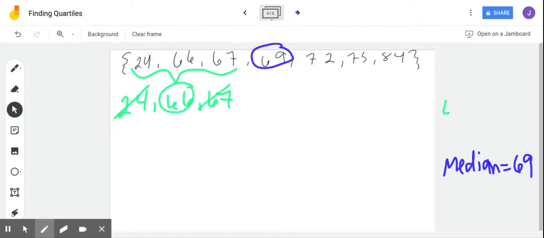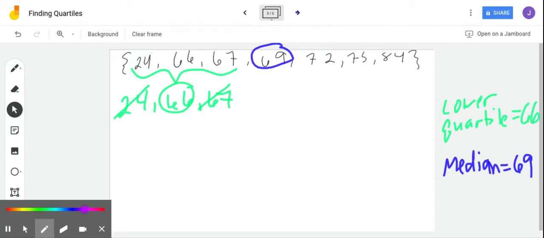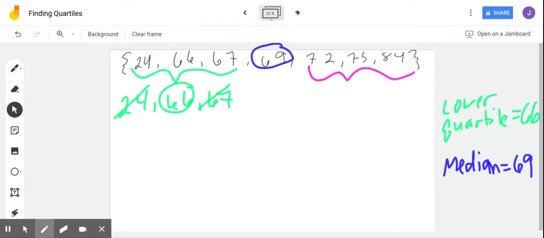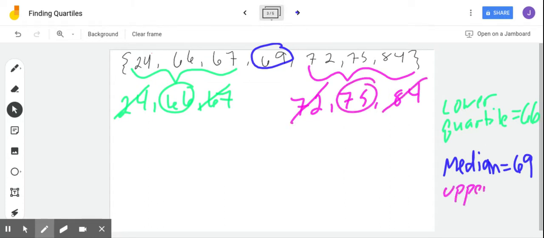So our lower quartile is 66. Then for our upper quartile, we take the upper half here and we find the median of that. So the upper quartile is 75.